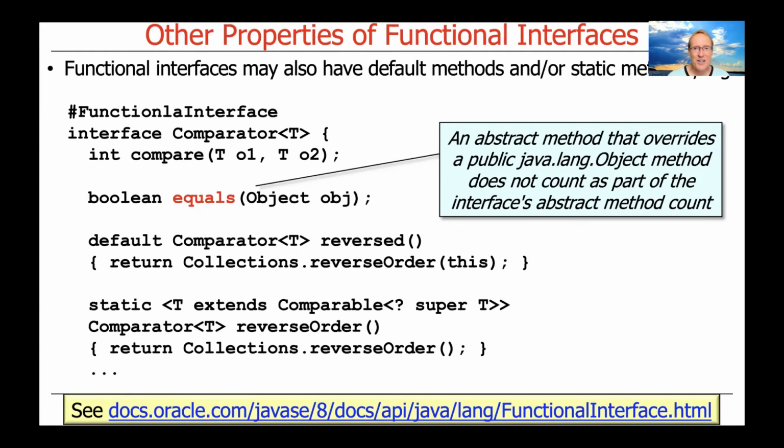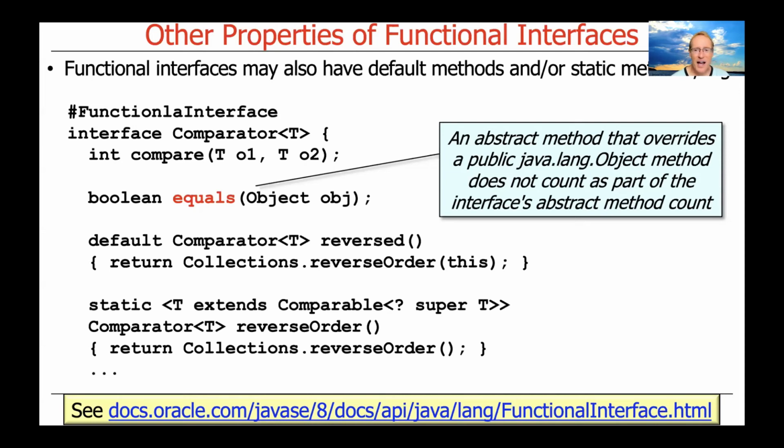Well, it turns out there's a special case where any methods that are overridden from public java.lang.Object don't count as part of the interface's abstract method count. And remember that all objects implicitly inherit from the java.lang.Object class. And there's a method in there called equals.